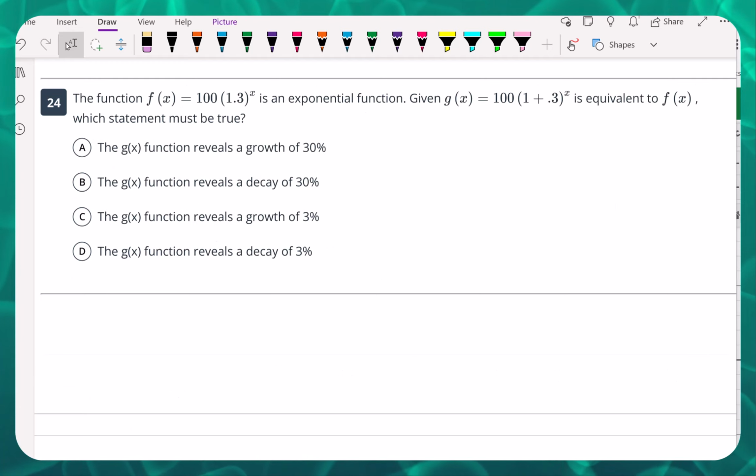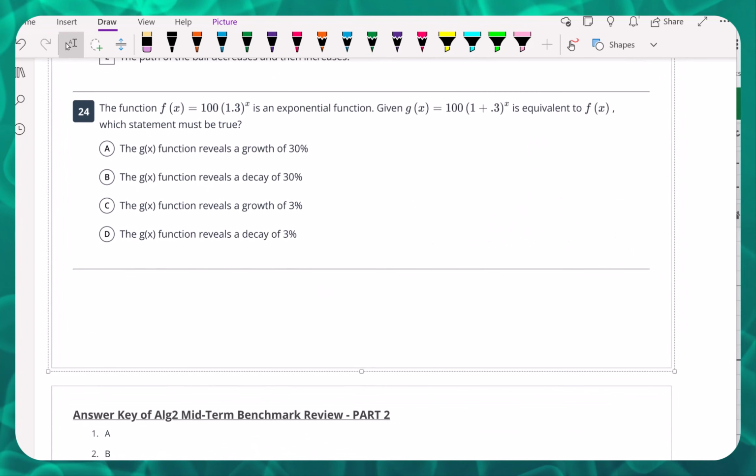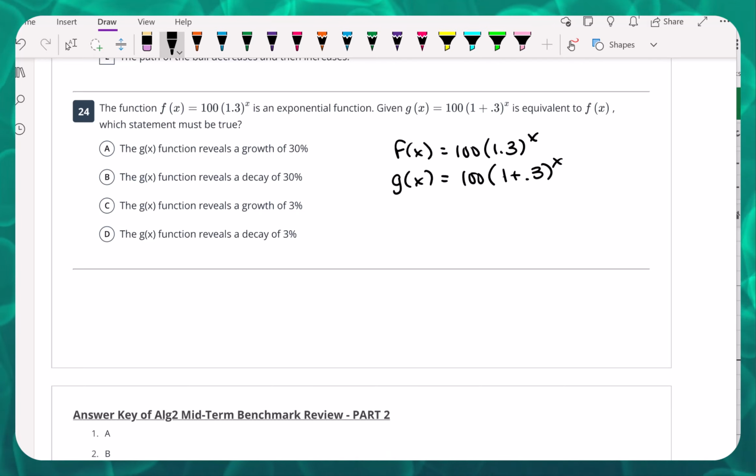All right, so this last one, yeah, it is the last one. Okay, so we are going to compare this to the g of x function. So g of x, it looks like what they've done is they've changed the 1.2 or the 1.3 into 1 plus the rate, remember?